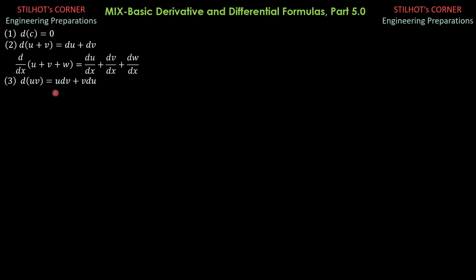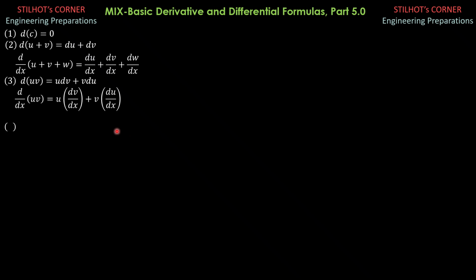So first times differential of second plus second times differential of first. The derivative of a product is the same: first times derivative of v with respect to x plus second v times derivative of u with respect to x.